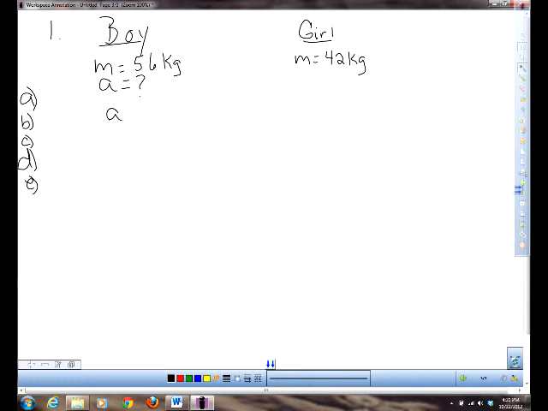Okay, so our formula for acceleration is final velocity minus initial velocity over time. According to the diagram, the final velocity of the boy was 3.2 meters per second. They both started at 0 and it was over a time period of 3.4 seconds.